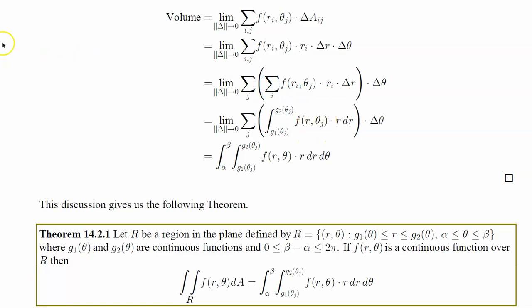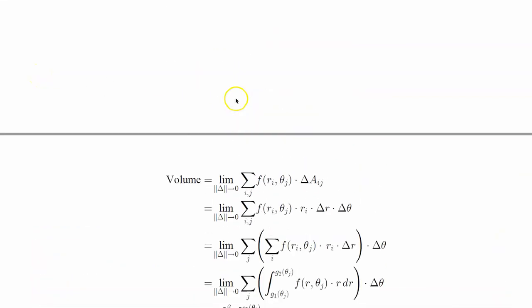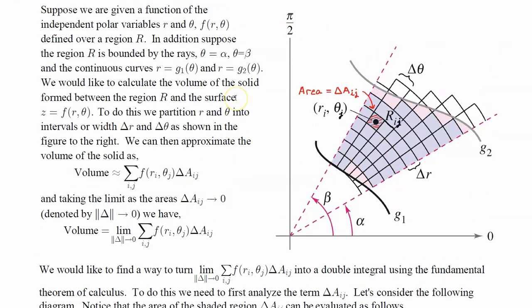Remember back here in our diagram, if we fix theta j right there, so there's a theta j being fixed, then the r will vary from this value, which is g1 of theta sub j, out to this value right here, which is g2 of theta sub j. So that's what the r will vary from. So that's why we have those limits of integration. Let's go back down again.